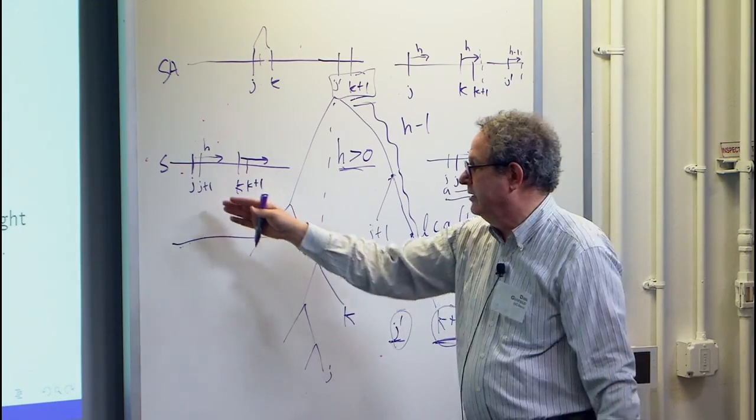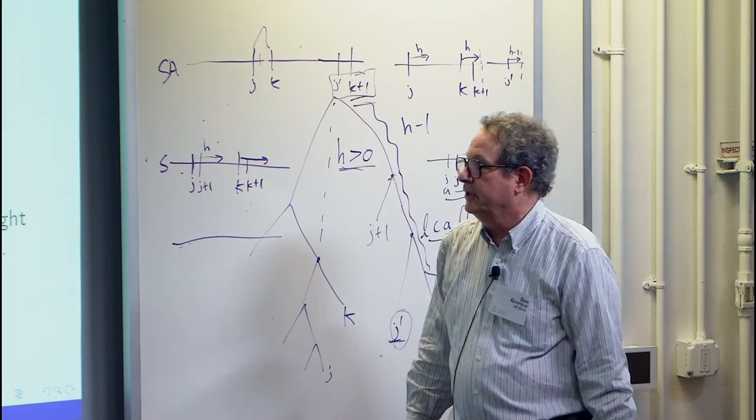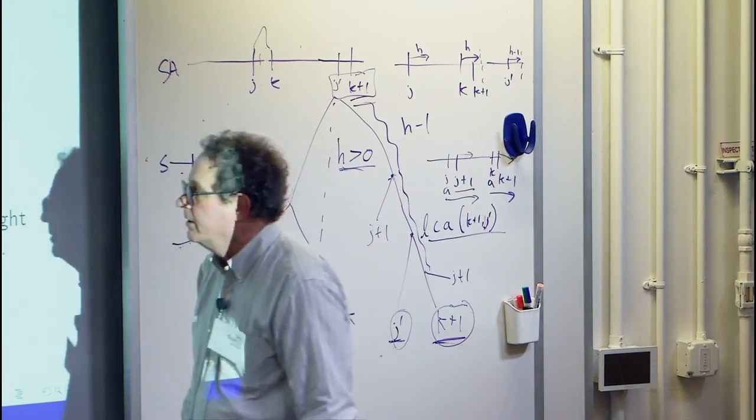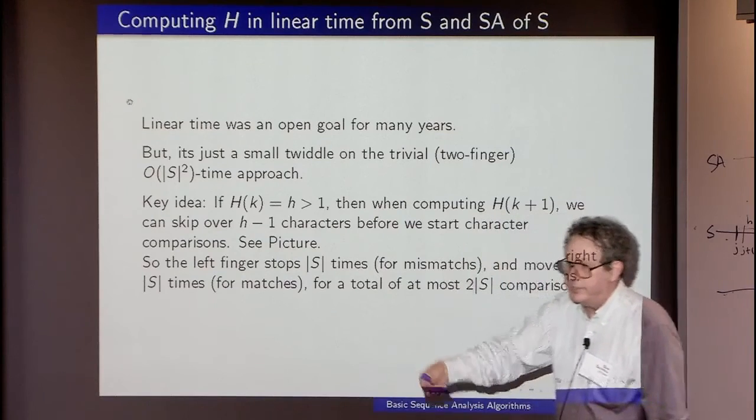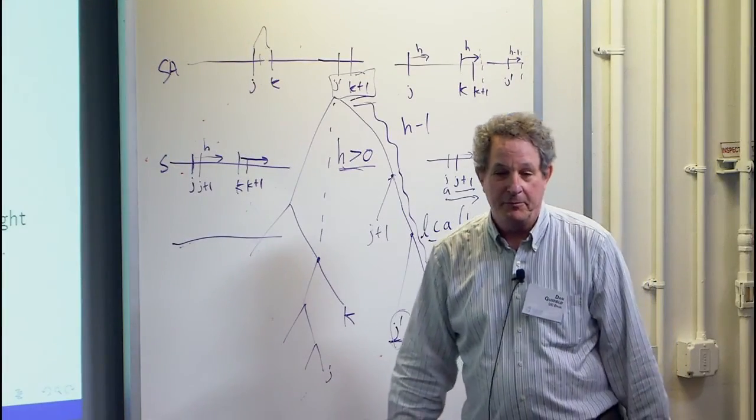So the progress that my left finger makes is proportional to the number of matches I had before, plus the number of iterations. Number of iterations is just the length of the string, and there we have linear time for building the H values, and therefore linear time for building LCP.